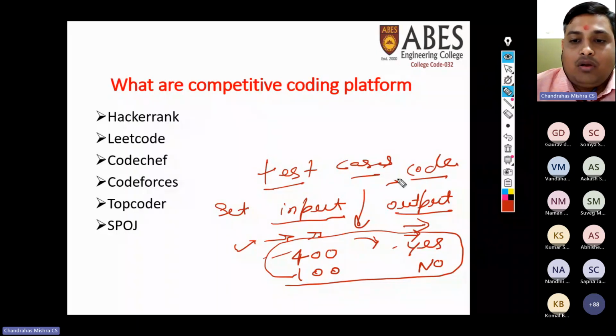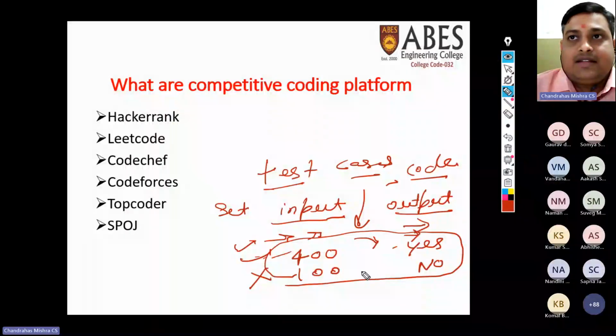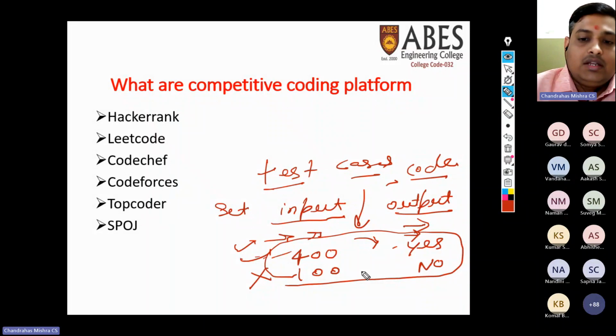If the logic in our code is not correct, some test cases will pass and some test cases will fail. In that case, we say some test cases are not passing because we are not covering all conditions, all boundary points.